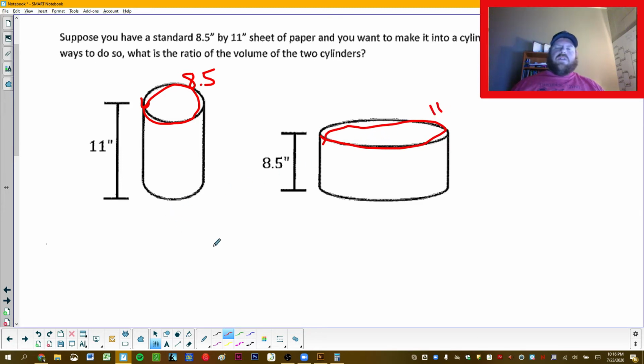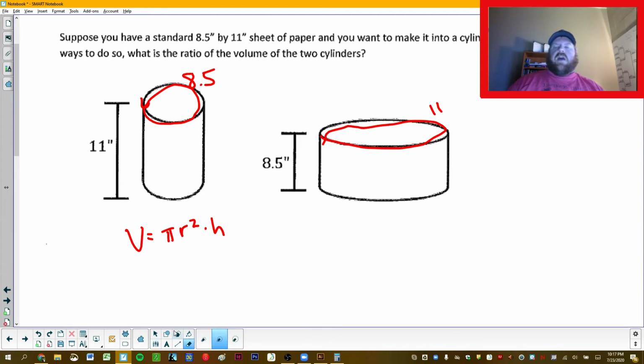Okay, so let's go ahead and check the volumes. So the volume of this one, volume of a cylinder, is area of the base, which is pi r squared, times the height. The radius is 8.5, so, sorry, the radius is not 8.5, that's the circumference.